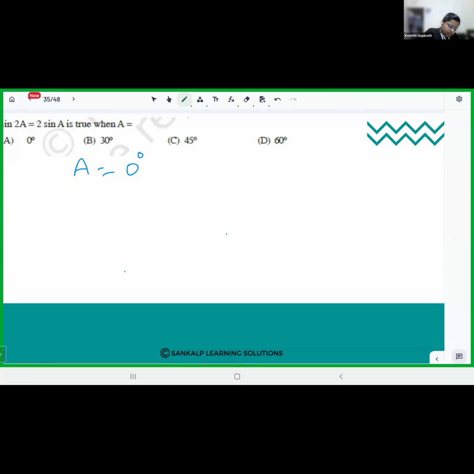Sine 2A is nothing but sine 2 into 0, right? 2A means 2 into 0, so sine 2 into 0 means sine 0. What is sine 0? We have already learned that the value is 0. So sine 0 is 0.